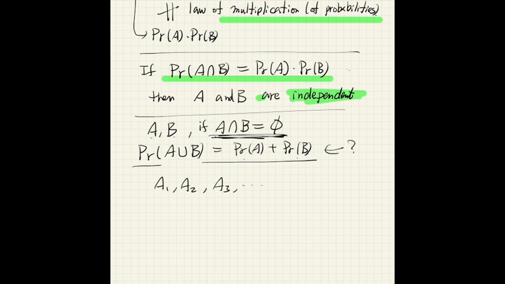But in this case, consider A1 is A and A2 is B and everything else is empty. Then this is the same case, right? Because A union B union everything else is the same as A union B. So this comes right from the axiom.